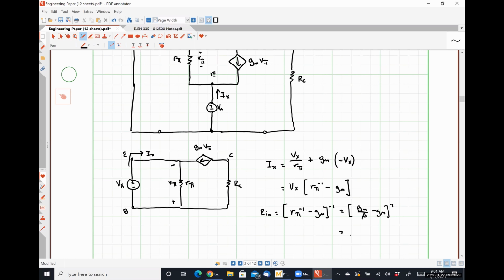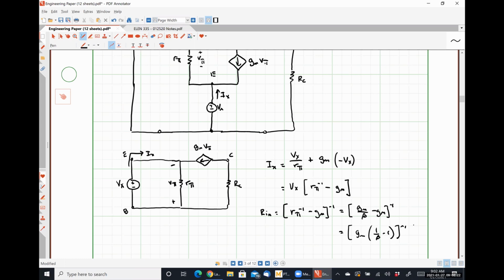Did I mess up a sign here? Let's see. Sorry, the textbook is telling me that it should just be 1 over gm.